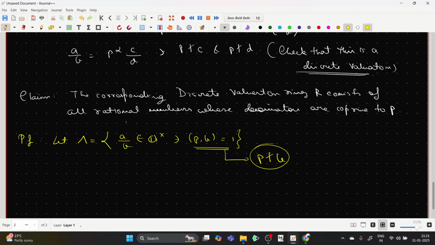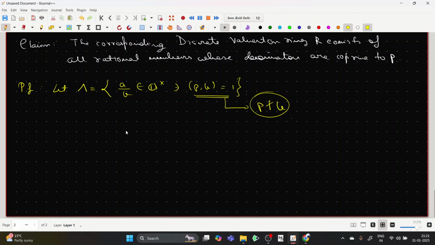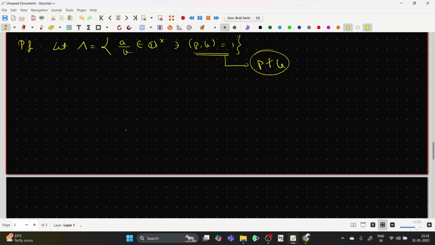Okay, so first let me prove that if I choose an element out of this set, then it will be in the valuation ring. For completeness, let me first recall how R looks like. Since we are talking about rationals, R is all those elements X by Y coming from Q cross, such that their discrete valuation is greater than or equal to 0.